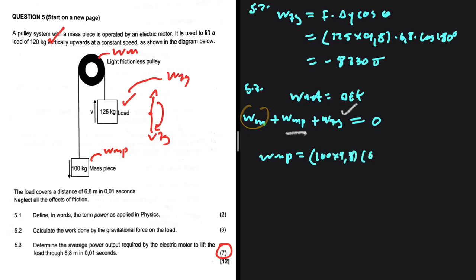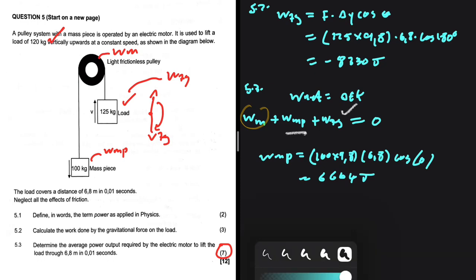The distance covered, 6.8, and the cos of 0. We have already determined that the mesh piece is doing positive work. We're going to get 6,664 joules.